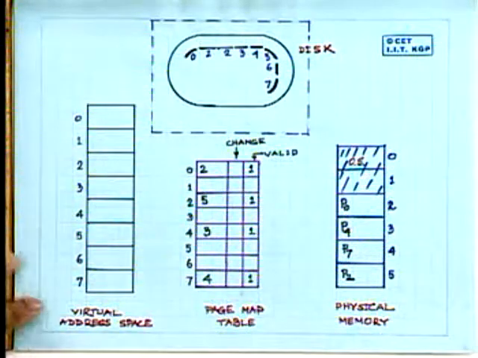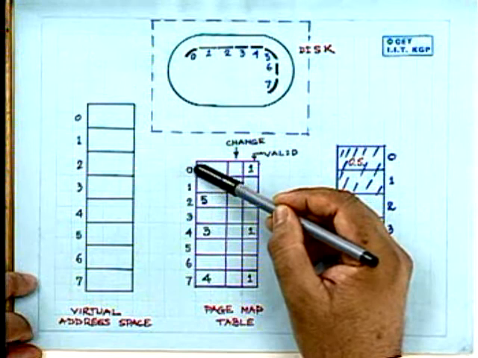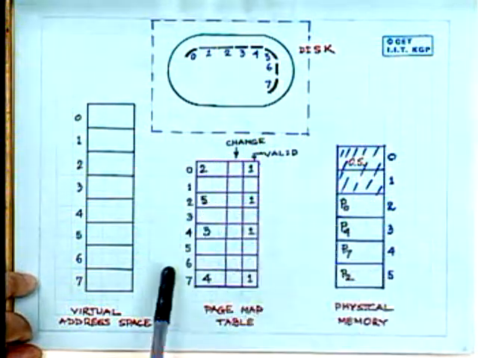As long as the process remains in page 0, page 2, page 4, and page 7, that is, as long as the execution point of the process remains within those 4 pages, we do not have any problem.